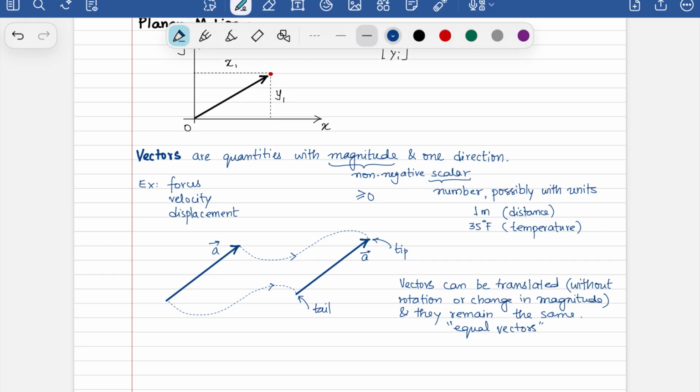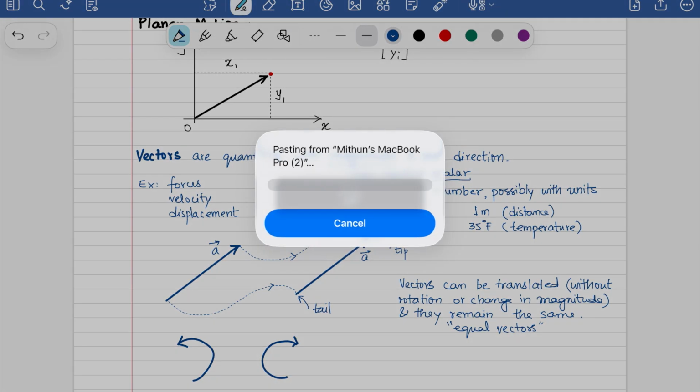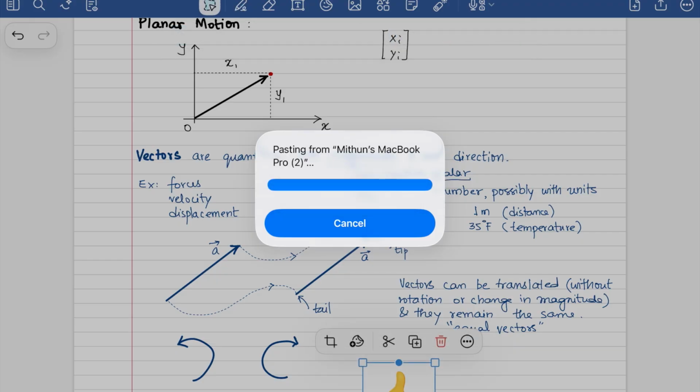Some of you might have already encountered this, but if you draw a vector in this way as a curled arrow, or in this way, they have an inherent sense that is shown. Okay, and this sense relates to using your right hand to determine what direction this arrow is pointing. I will tell you what that is.